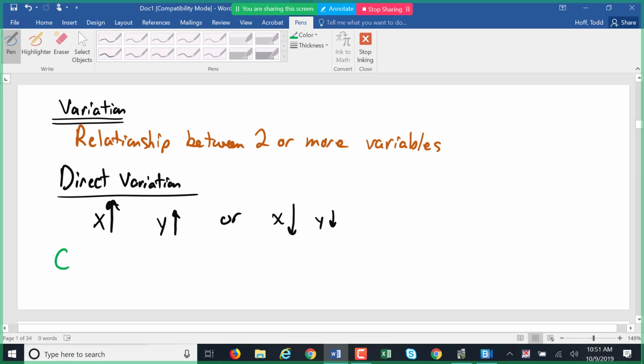Direct variation is considered to be a constant ratio. When we say directly proportional to, that's what we're applying here, a constant ratio. It's a proportion. So the ratio of y over x is always a constant.